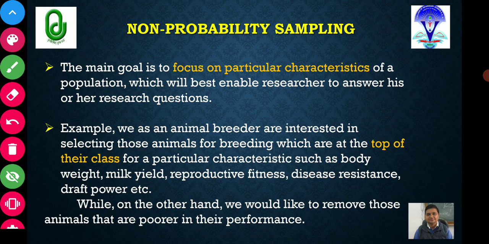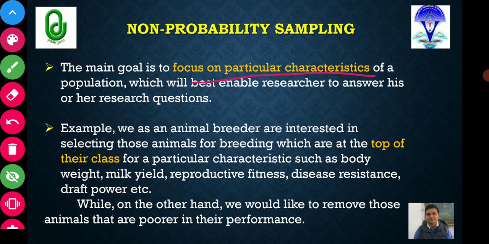The main goal is to focus on particular characteristics. That means the researcher will decide for which characteristics he wants to conduct his study, and based on that characteristic, based on that purpose, he will be taking the sample. Example: suppose I am an animal breeder, my intention will always be to select animals who are performing best with respect to milk yield or body weight or any economic traits.